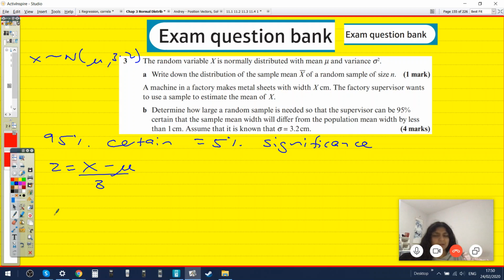It says the sample mean will differ from the population mean by less than 1 centimeter. So I think that would be mu. The magnitude of mu is less than 1, meaning mu is between minus 1 and 1. Why would it be the magnitude of mu is less than 1? It says the sample mean width will differ from the population mean width by less than 1. Oh, so the difference between them is less than 1.